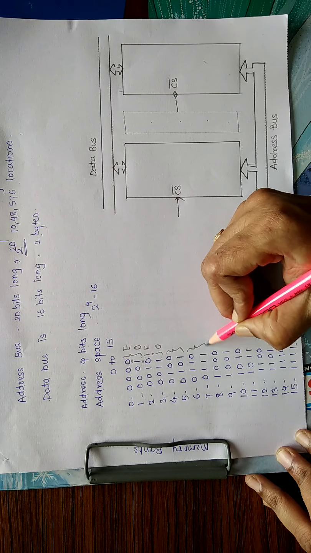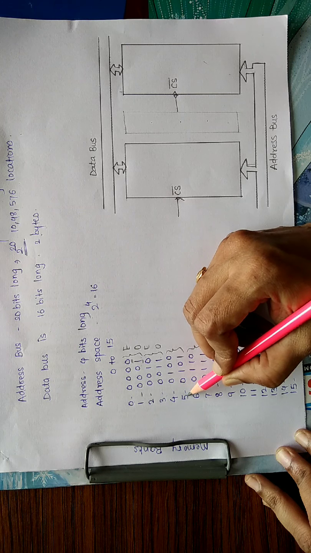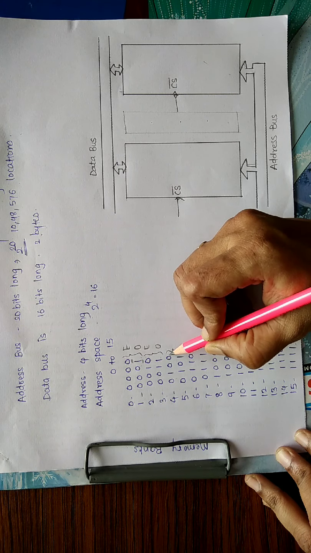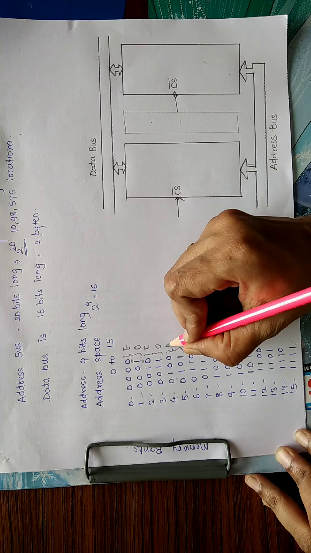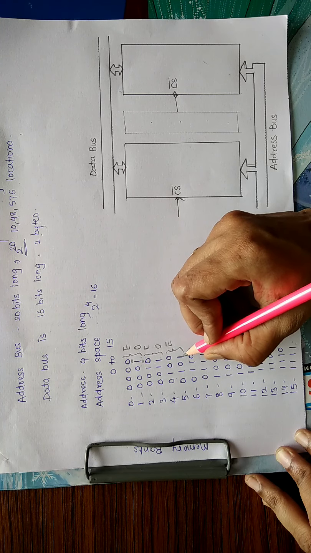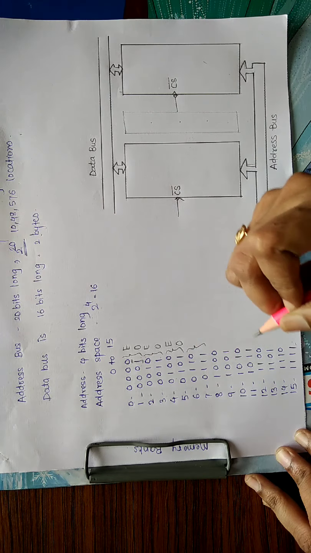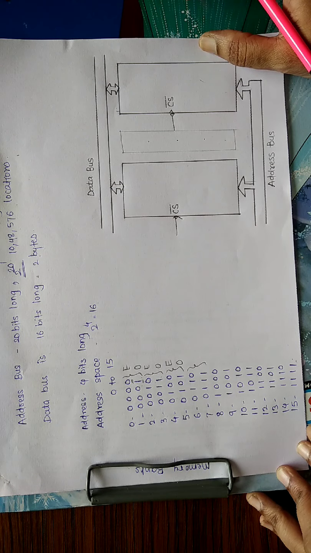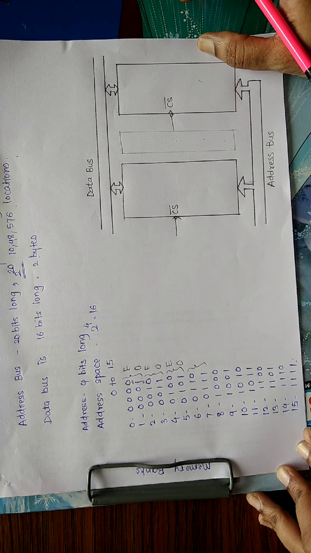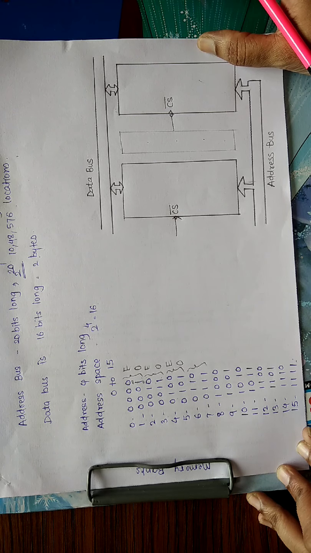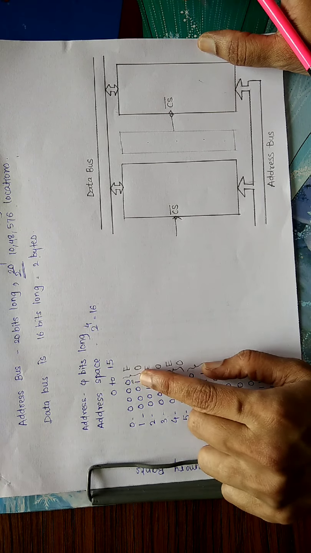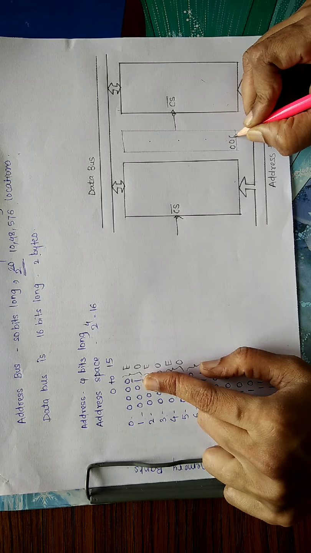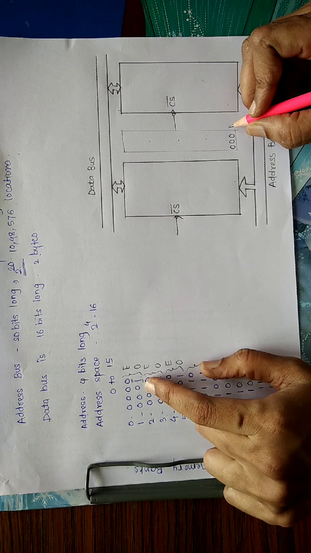Similarly, we compare 4 and 5. The upper 3 bits, 010, are the same, whereas when the LSB is 0 it becomes an even address, and when the LSB is 1 it becomes an odd address. Now we can put the even addresses in the even bank and the odd addresses in the odd bank by leaving the LSB. So if we leave the LSB, both banks refer to address 000.